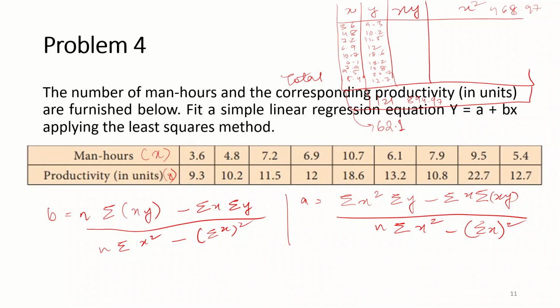Let me check. What are the terms? First term, 3.6 multiplied... 3.6, 4.8, 7.2, 6.9, 10.7, 6.1, 7.9, 9.5, 5.4.